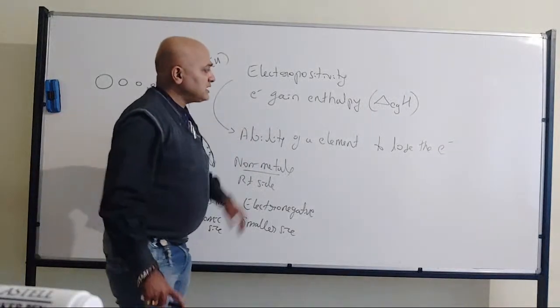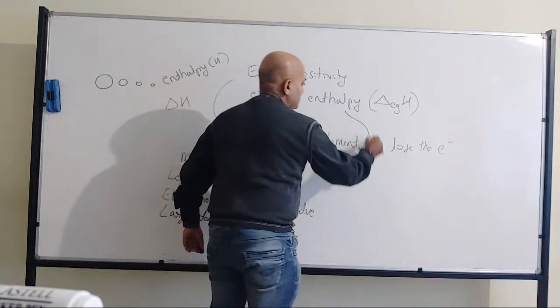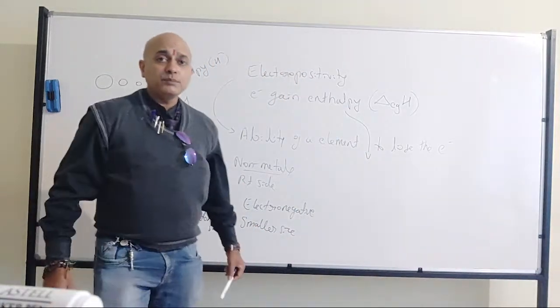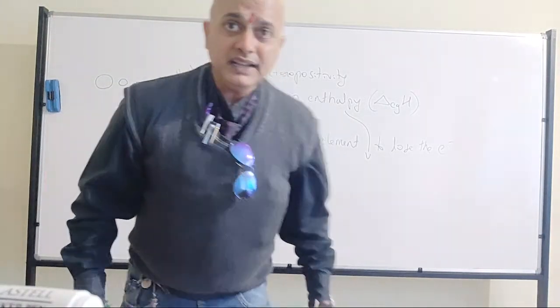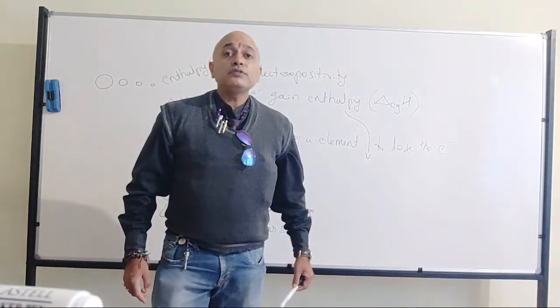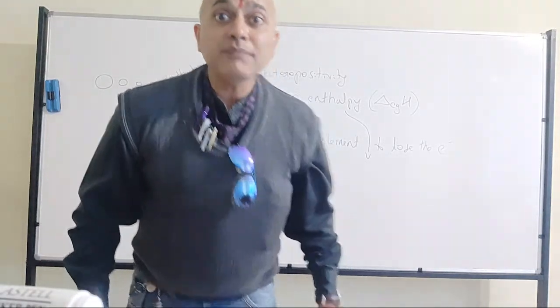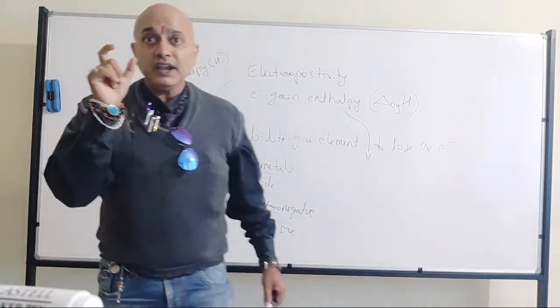Now, when it comes to electron gain enthalpy, what do you mean by that? It is nothing but the ability of an element to accept the electron, not attracting, accepting the electron. Try to identify those words.